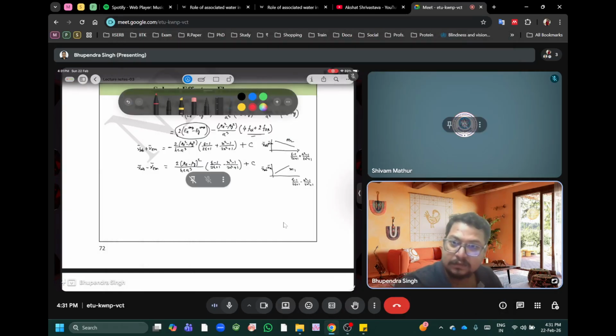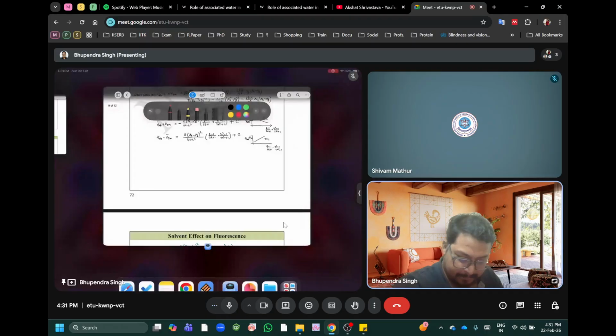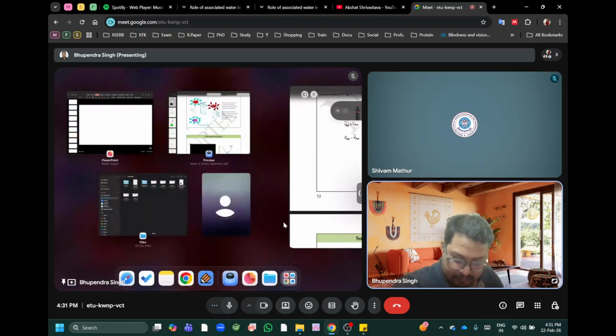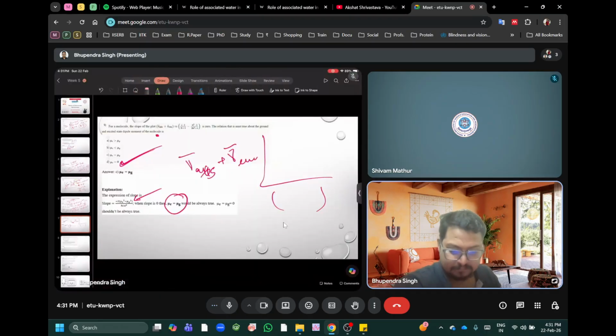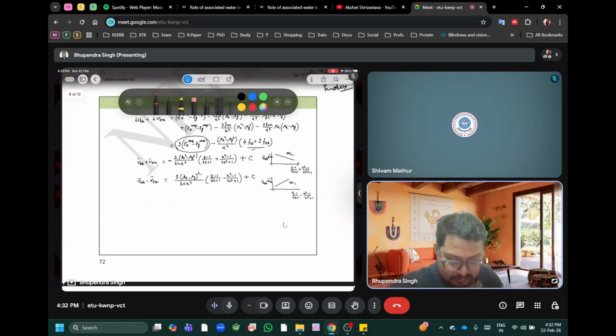So I was saying, what was the question? For a molecule, the slope of this is zero. The relationship that must hold between the ground state and excited state dipole moments is, so this is the question. This is the equation for the plus plot.